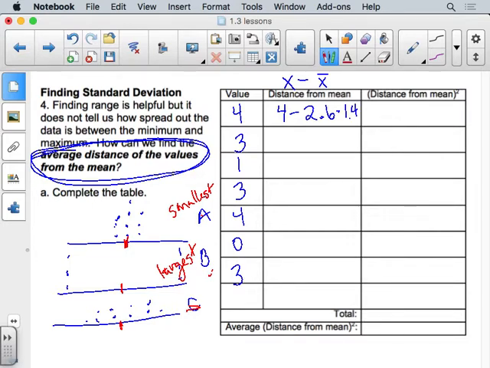We could have done it the other way, but if you've already done it, it's fine. So 1.4, how about I'll just go through this whole little column here.